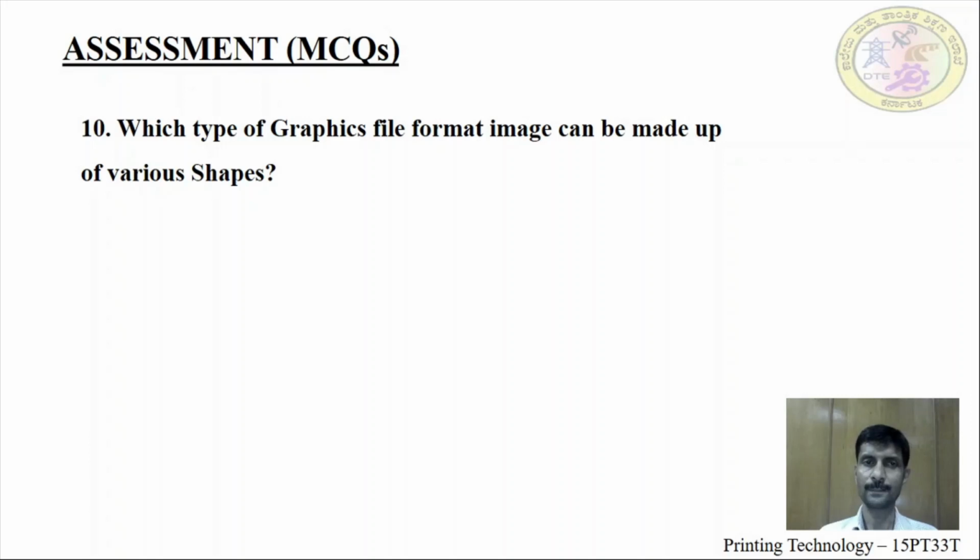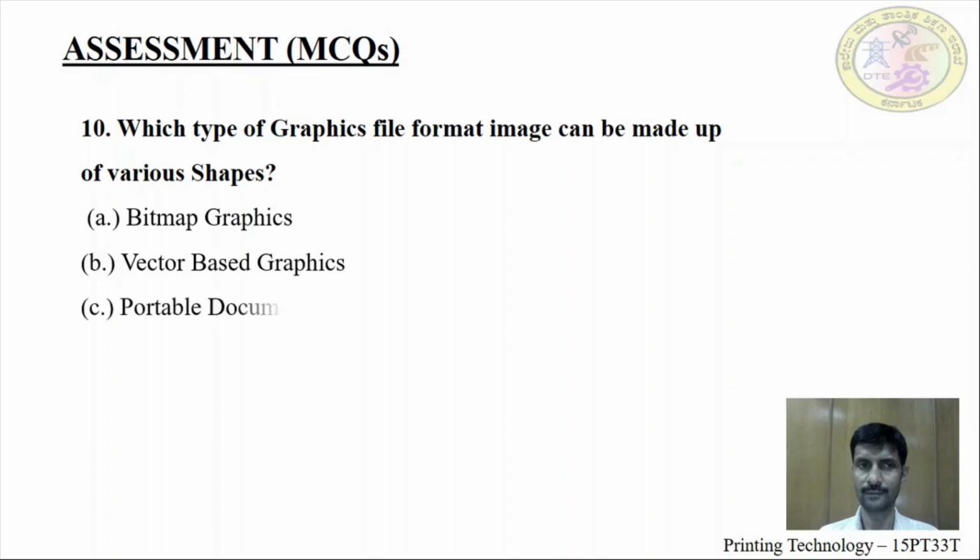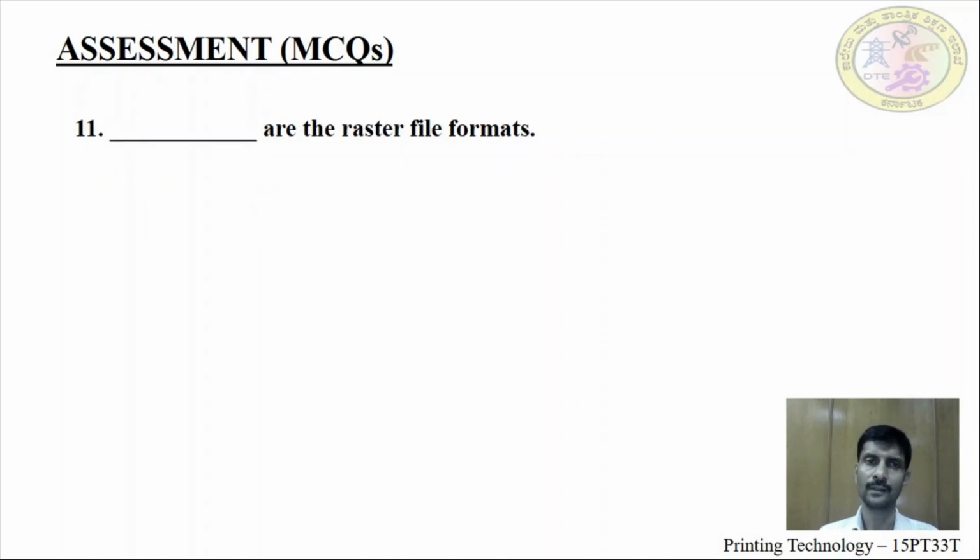Next question. Which type of graphics file format image can be made up of various shapes? Whatever may be the shape or a drawing, how is it created? In lines, it may be a box, it may be any other shapes. One is bitmap graphics, vector-based graphics, portable document format, and none of the above. Next question. Dash are the raster file formats.